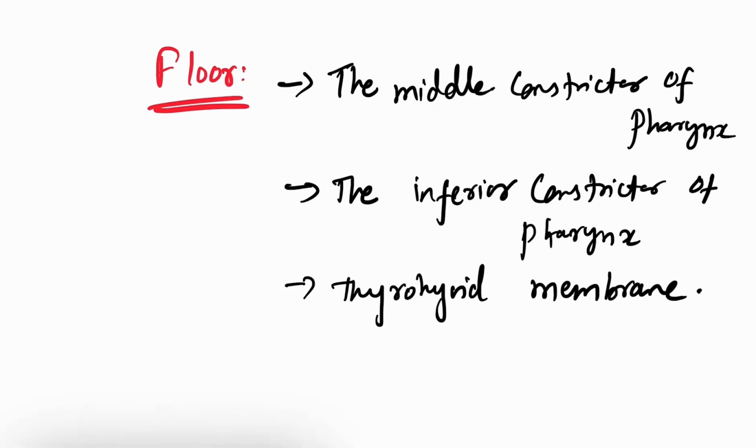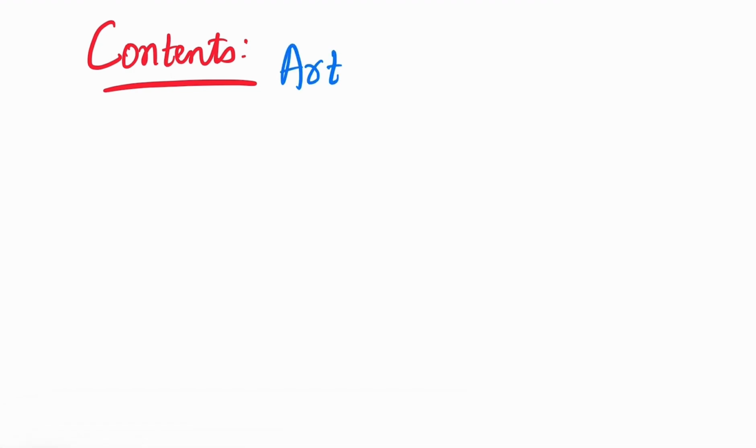Now the most important part which can be asked in the viva or a short question is to describe or just enumerate the contents of the carotid triangle. Okay, so we will discuss the carotid triangle contents under the headings arteries, veins, nerves and lymph nodes. Let us first discuss the arteries present in the carotid triangle.